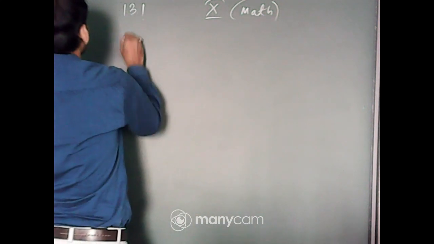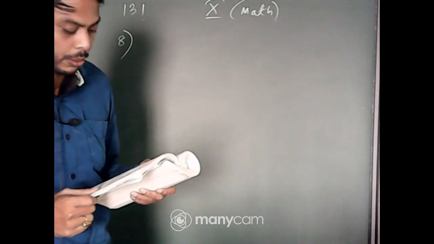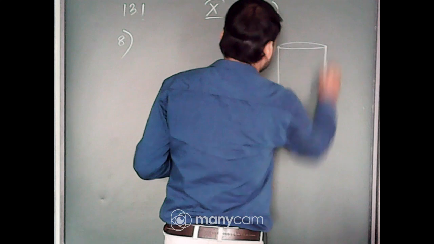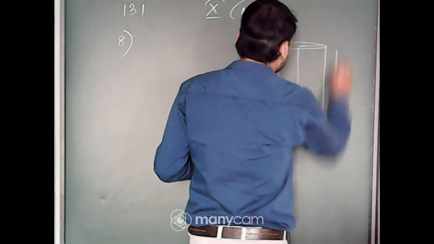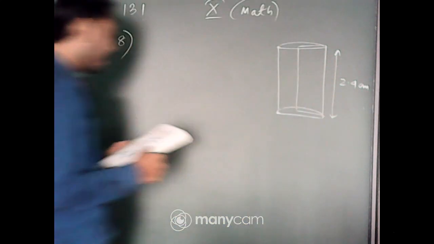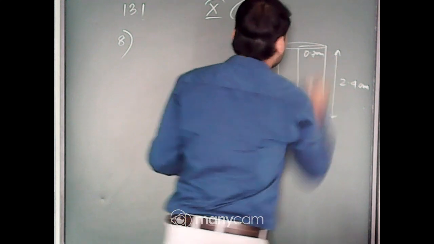Question number 8. Go through it. From a solid cylinder whose height is 2.4 centimeter and diameter 1.4 centimeter, the radius is 0.7 centimeter.